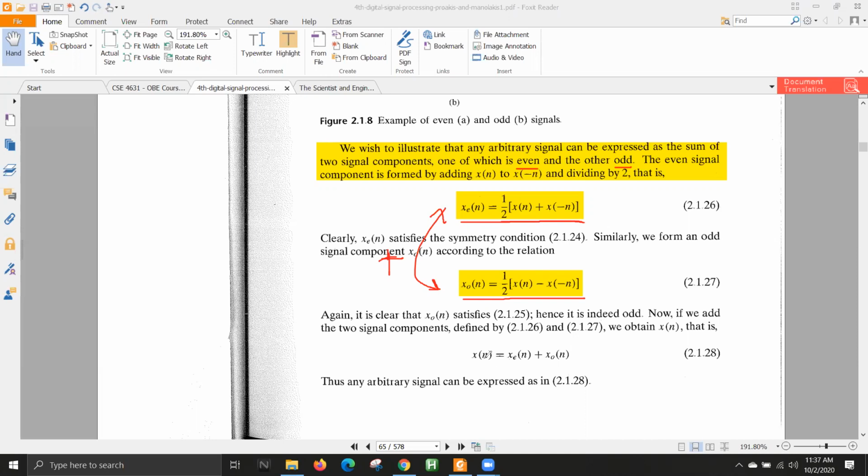Just x[n]. খেয়াল করে দেখো, half x[n] plus half x[-n], এখানে half x[n] minus half x[-n], প্লাস মাইনাস কাটা যায়, এই দুটো কাটা যায়, so half x[n] plus half x[n], what do you get? Just x[n].